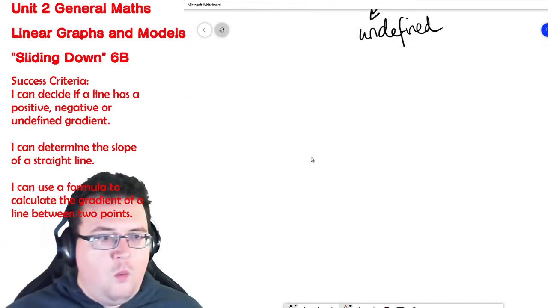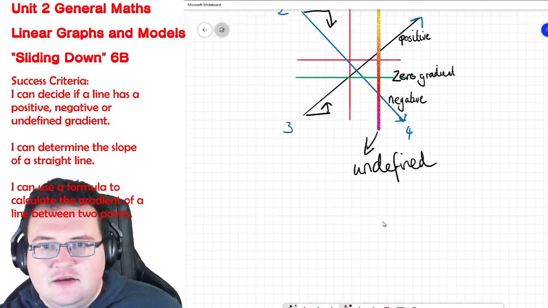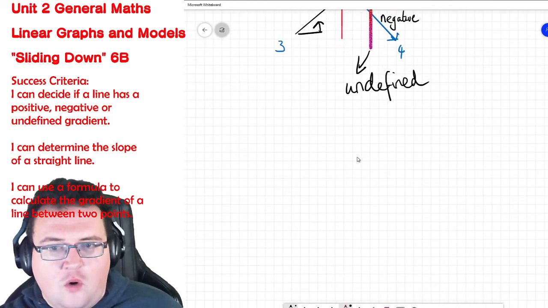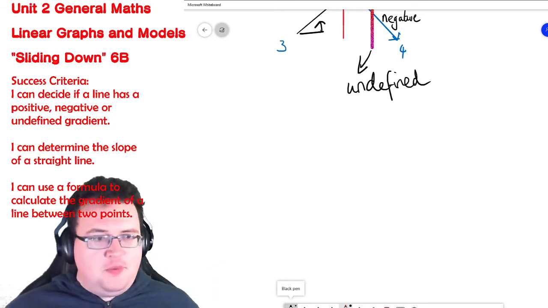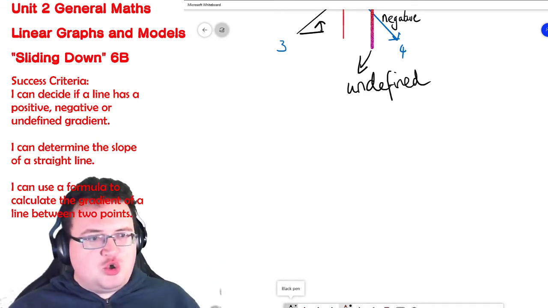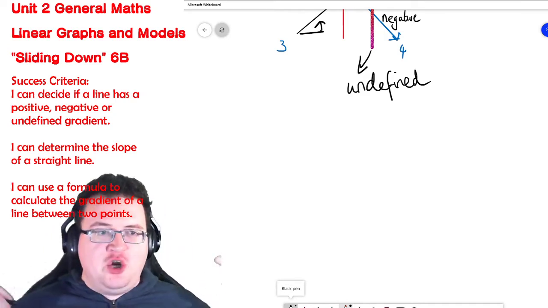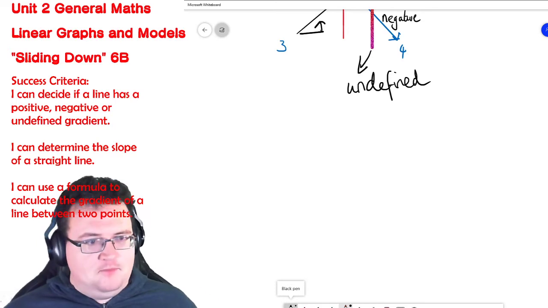What we are sometimes required to do is measure the slope between 2 points on a line. Now, a gradient on a straight line is always the same.